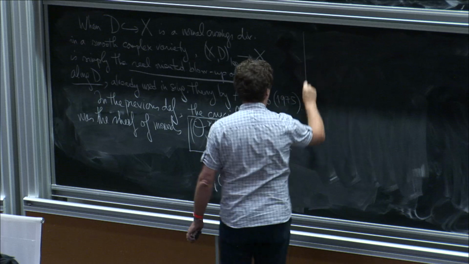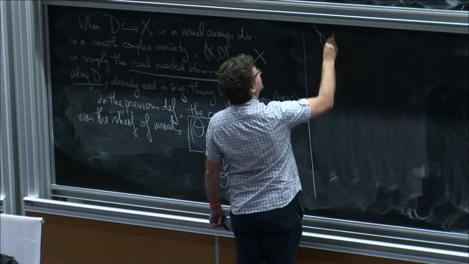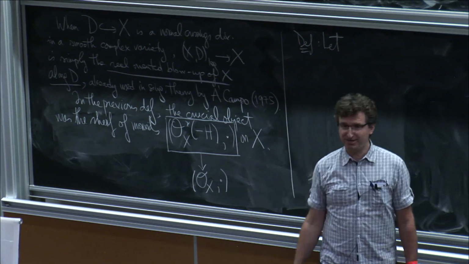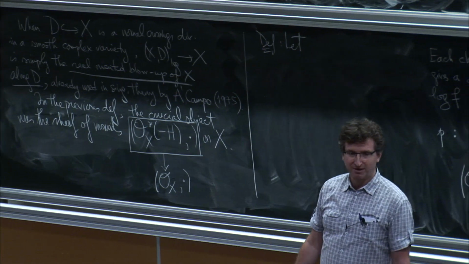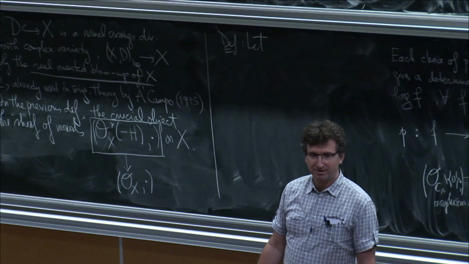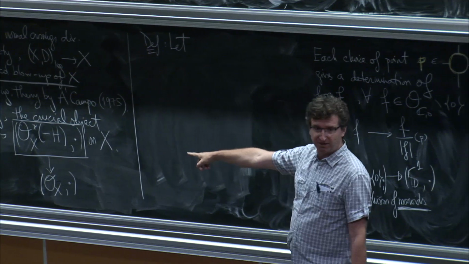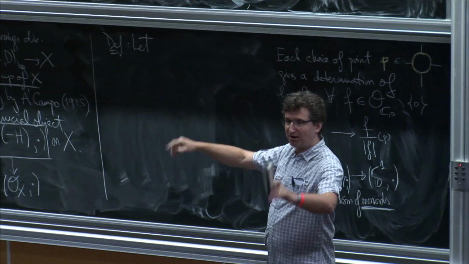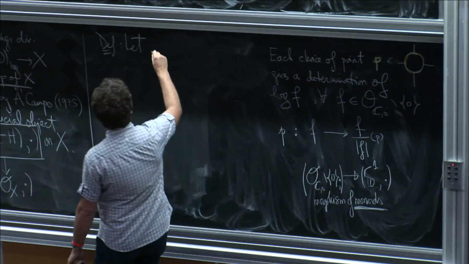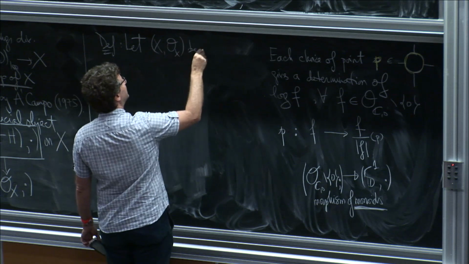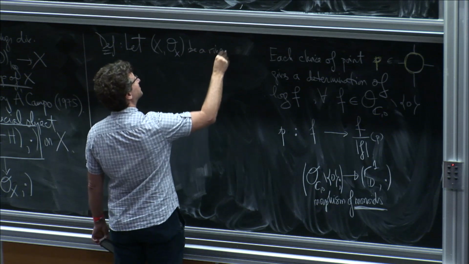Definition. And pay attention, here there are no complex numbers. You see you don't have C. So now I say, let (X, O_X) be a ringed space.